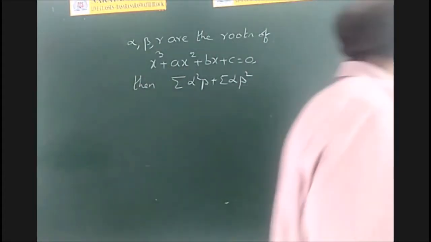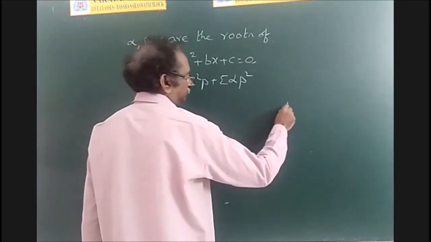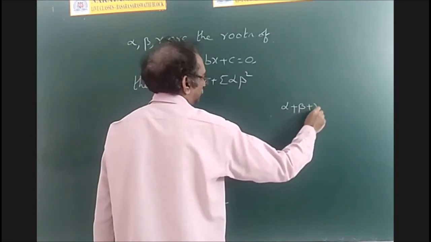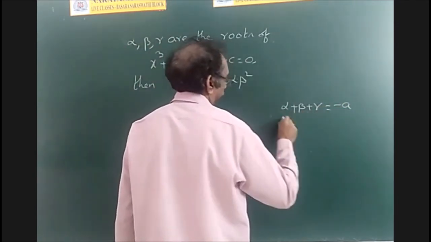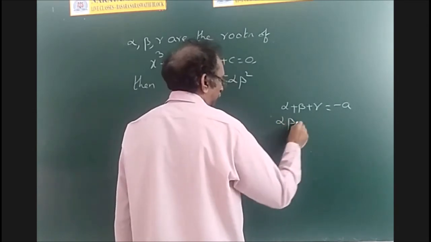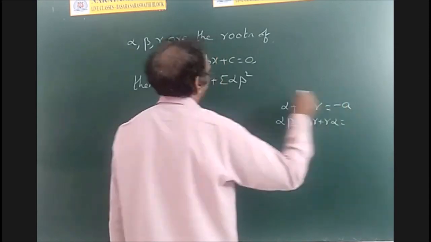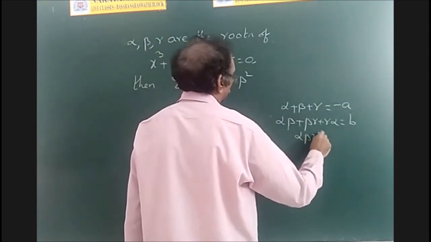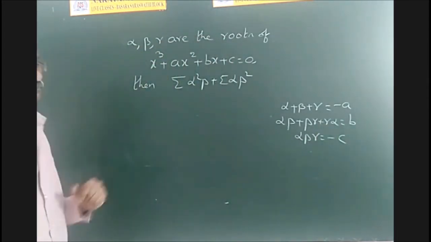So that is the sum of 6 terms. What is that? First of all, write the relation between roots and coefficients. Alpha plus beta plus gamma is minus a. Sigma alpha beta, that is alpha beta plus beta gamma plus gamma alpha, is b, and alpha beta gamma is minus c.